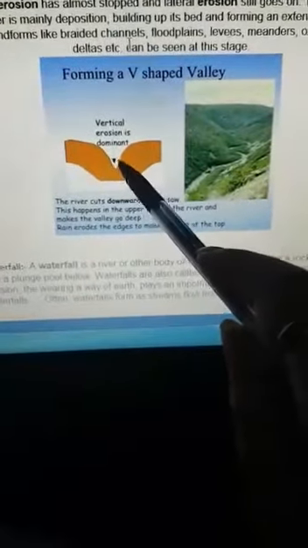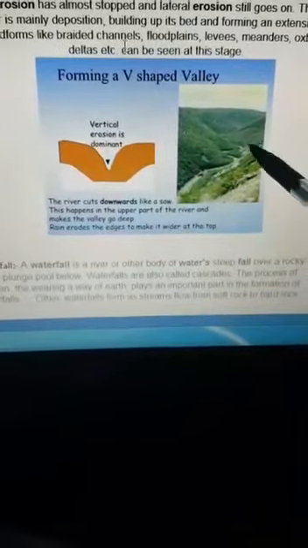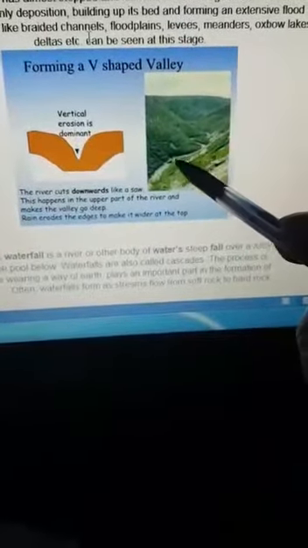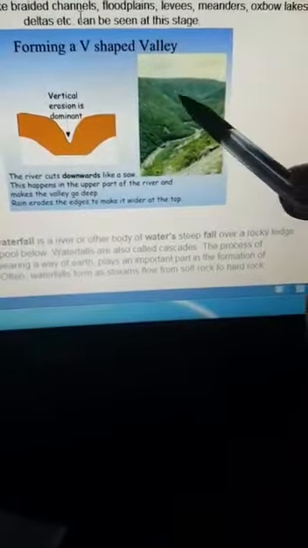So it forms a V shape which is very narrow. In the picture itself you can find the V shaped valley; as the down cutting is more, it forms a narrow V shape. The river makes its channel or its path to move along. So this is the first portion, the down cutting of the river.